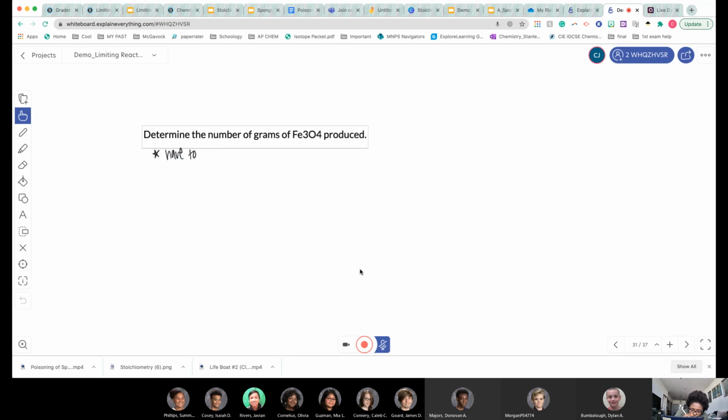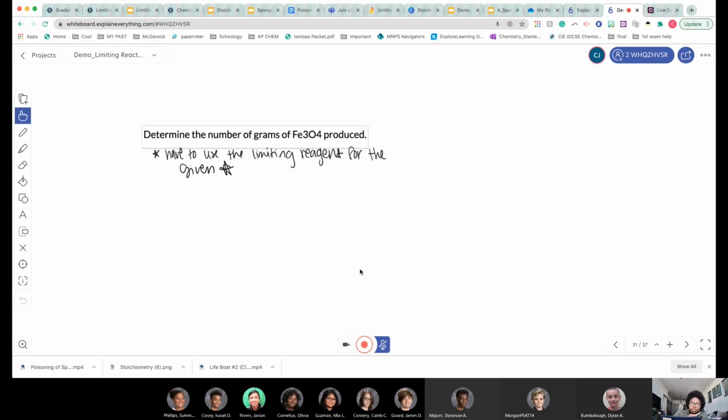We have to use the limiting reagent for the given. That makes sense because that's going to determine how much product we even create to begin with. All right, let's get started.